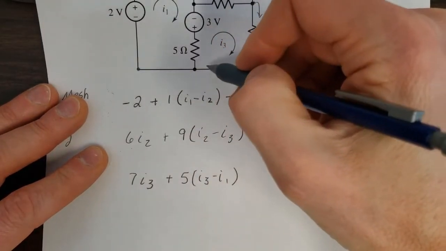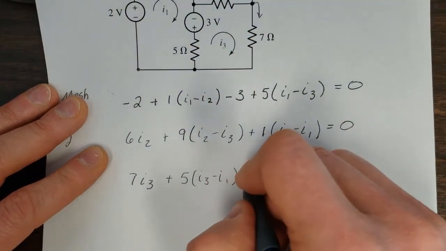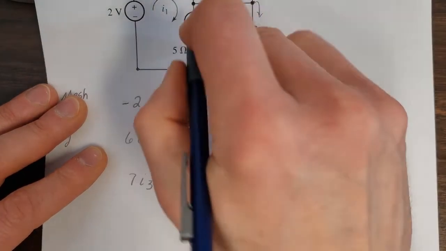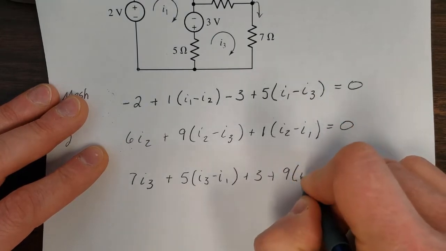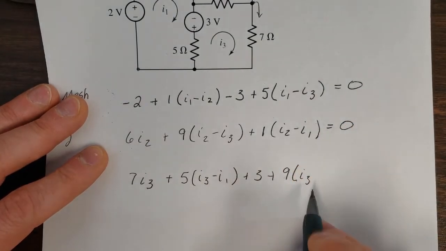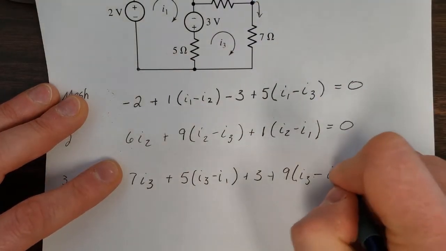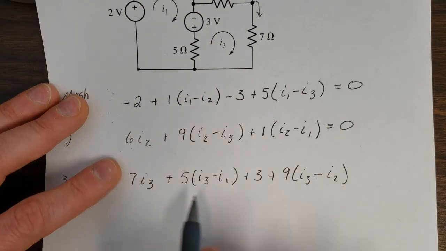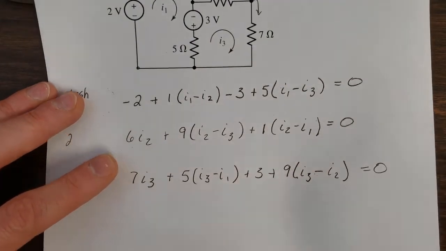That's this. We hit the positive node of this, so we get a plus 3. And then we've got to go through the 9. We're working on 3, so the I3 always comes first. And then what is the 9 shared with? I2. Good, and that's going to equal 0.